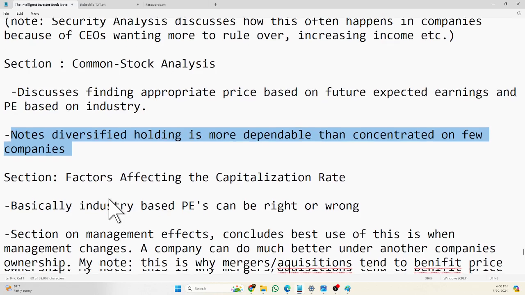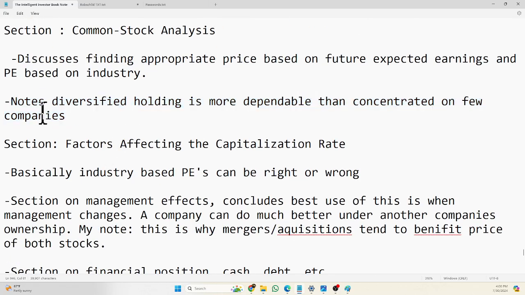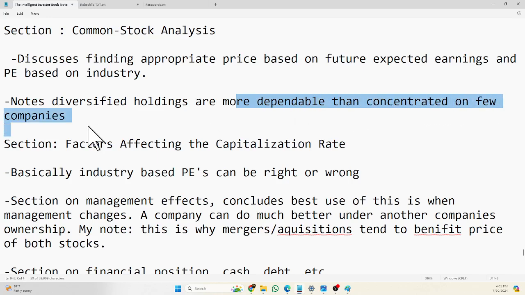And then he notes diversified holdings are more dependable than concentrated holdings in a few companies. And there's so many examples of this. It's like trying to pick the winners within an industry. You pick an industry and say, okay, that company is going to do really well over all of the rest.